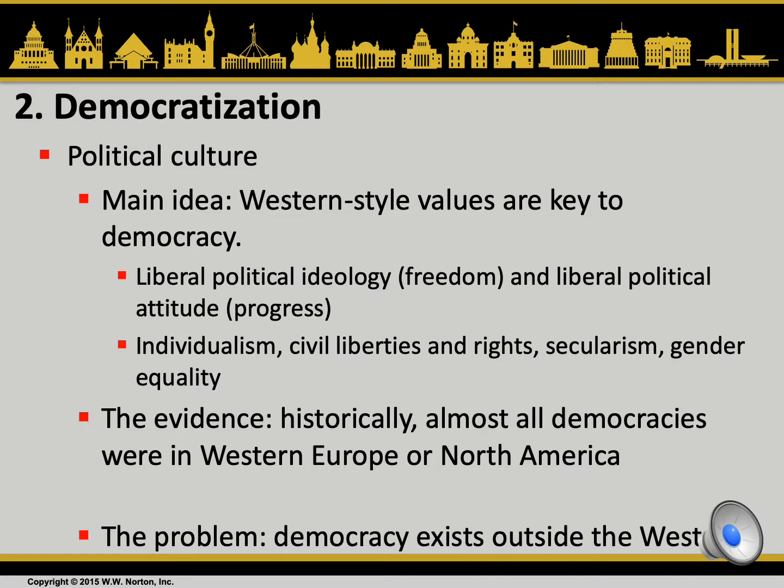The evidence is pretty clear. Most democracies are from Western Europe or North America. However, the problem is that countries that don't have Western style values still have democracies. And Japan, South Korea are two examples of that.